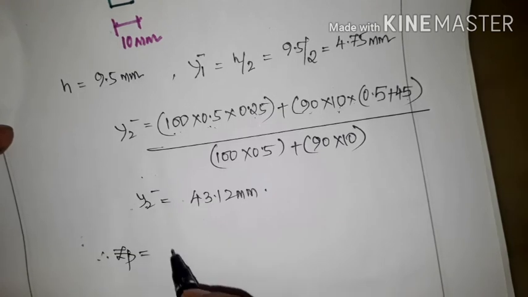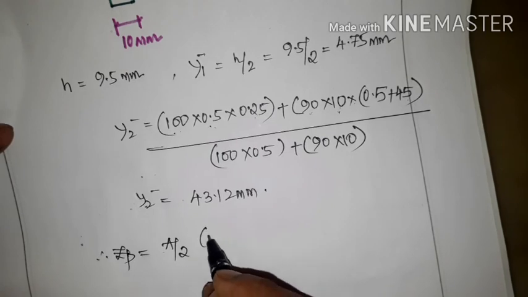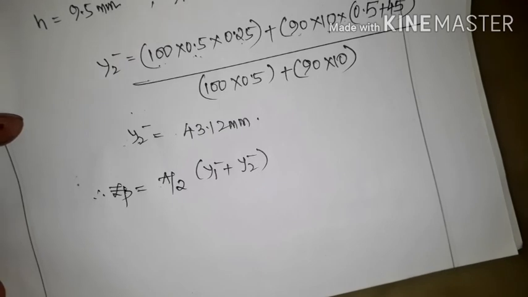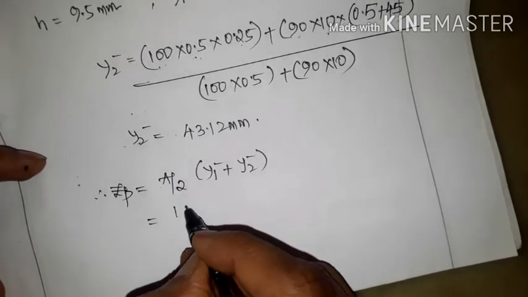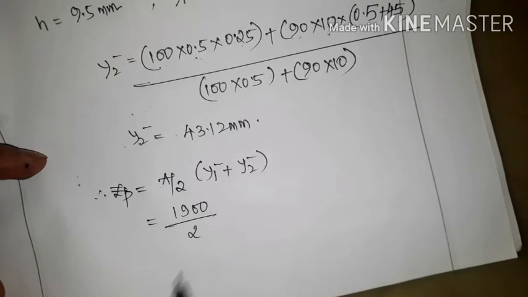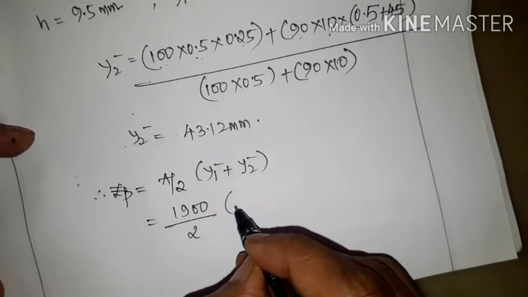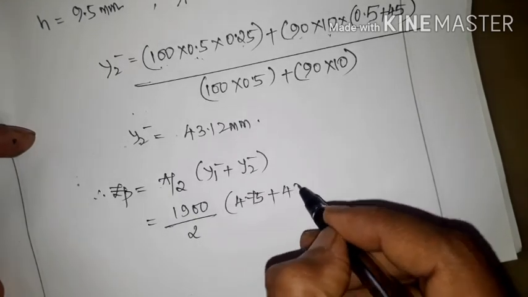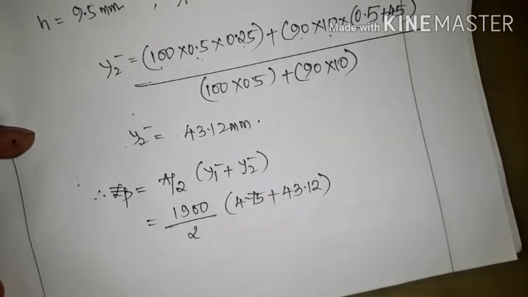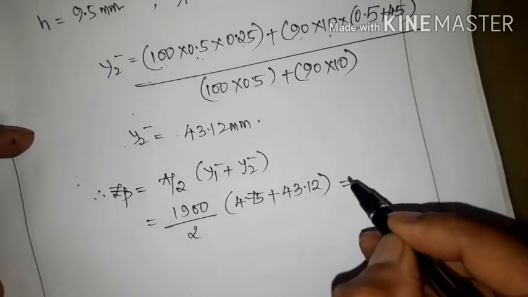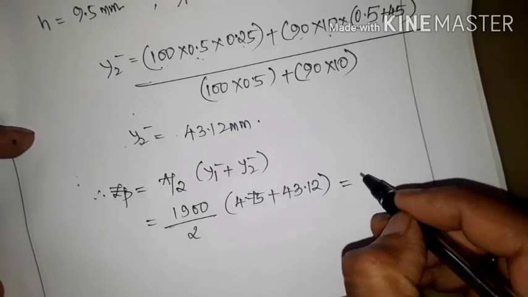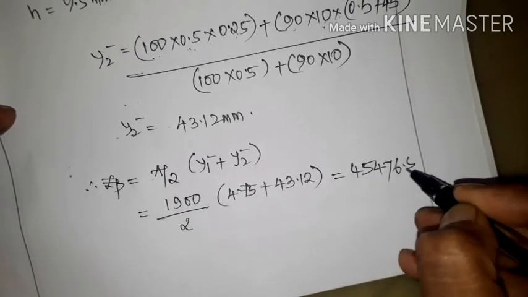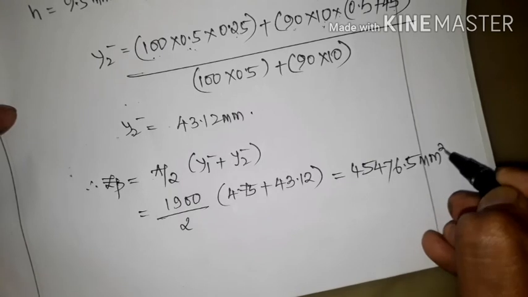Therefore ZP is equal to A by 2 into y1 bar plus y2 bar. So A by 2 is 1900 divided by 2, times y1 bar 4.75 plus y2 bar 43.12. So we will get ZP equal to 45476.5 mm cube.